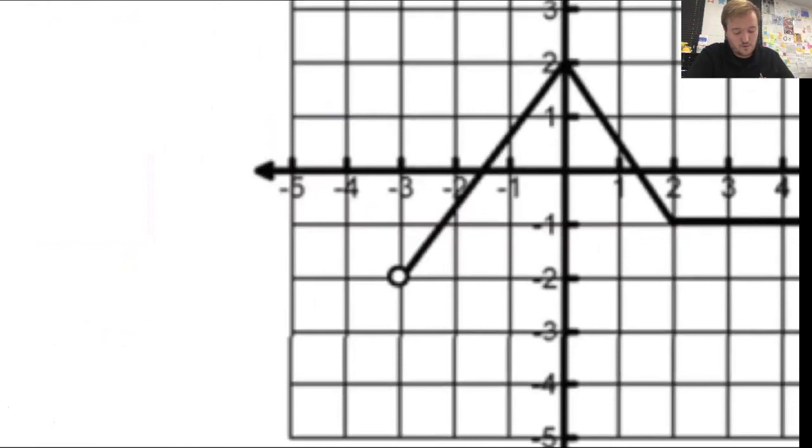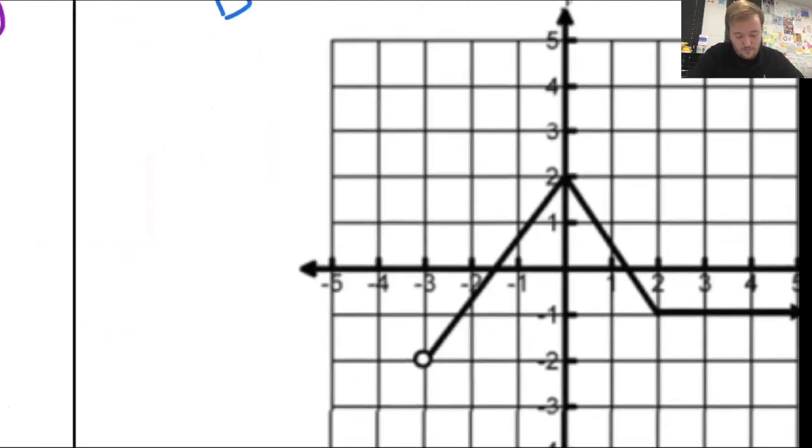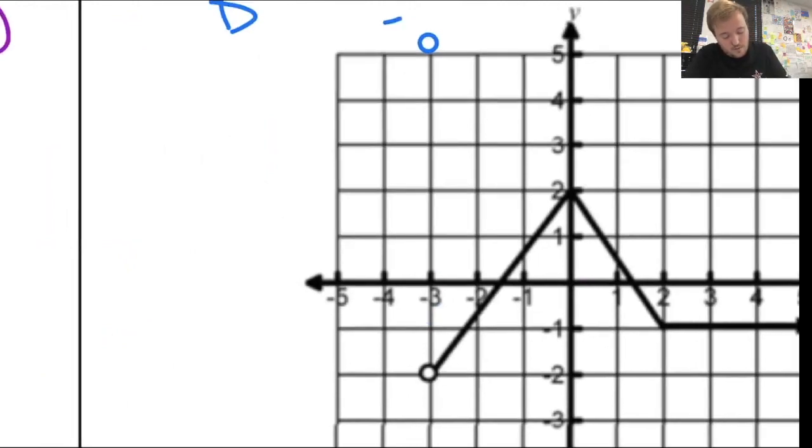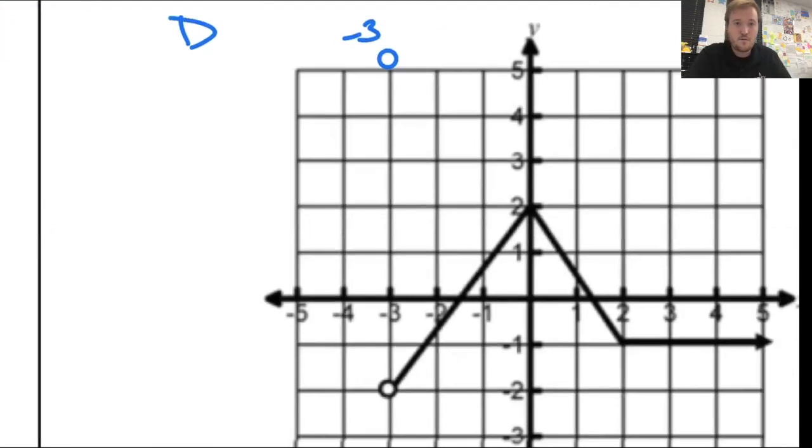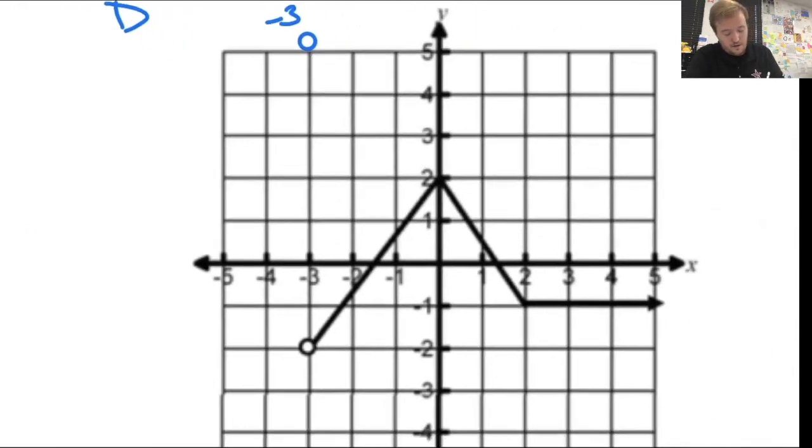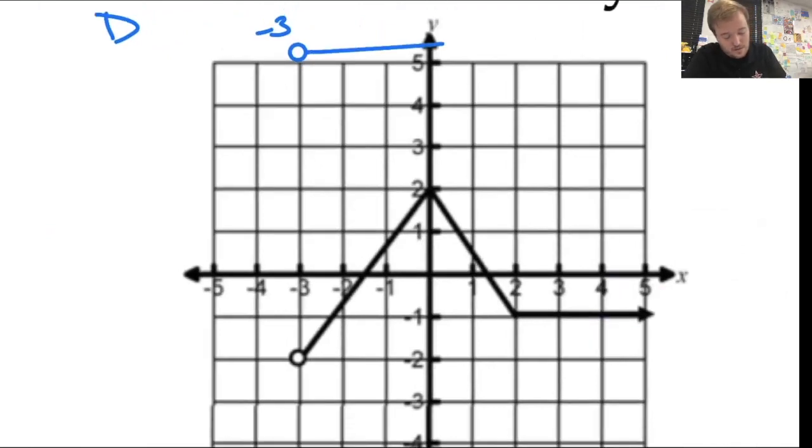We have an open circle. So I'm actually going to write that open circle up here in the top and see how it's actually at -3. So I'm going to label that open circle -3. And then because it has an arrow and it's going to the right indefinitely, I'm going to give it another arrow up here for the domain.